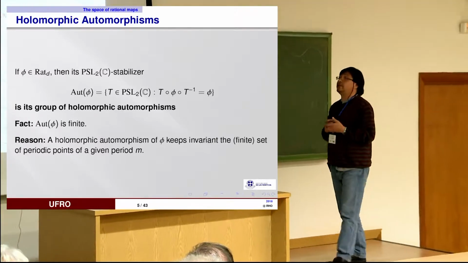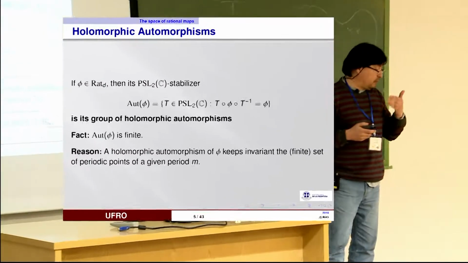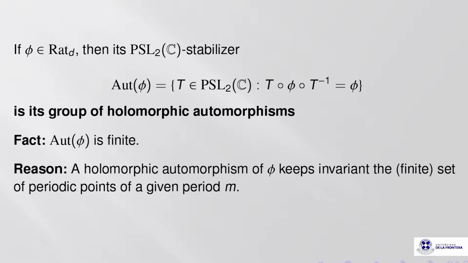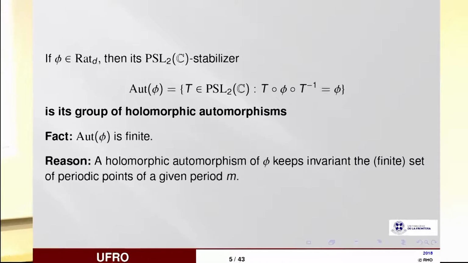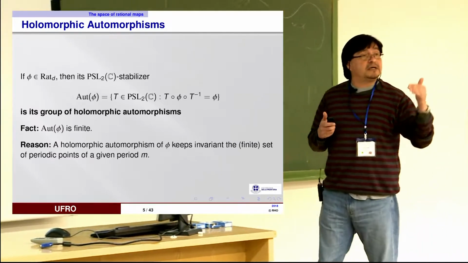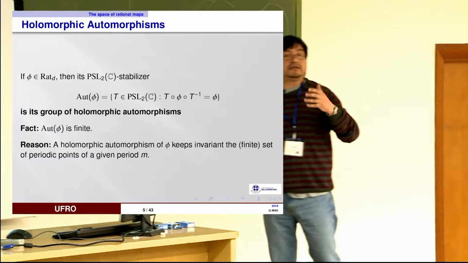What is known, for example, is that if one tries to emulate Milnor's idea and take the multipliers of fixed points, or the multipliers of the periodic points of period 2, period 3, and so on, one can also construct a map from the moduli space M_d into some power of C. But McMullen observed that if you take periods sufficiently large, then this will be finite-to-one, but the later maps will be constant, so it's not a good thing.